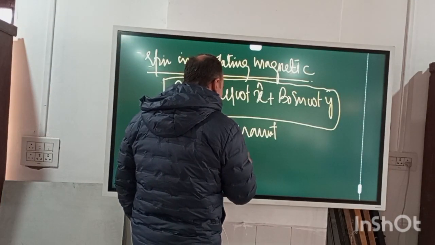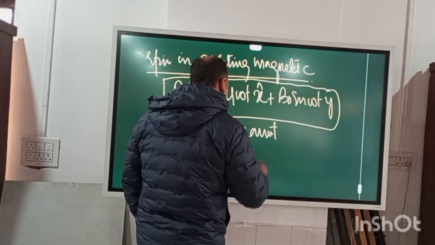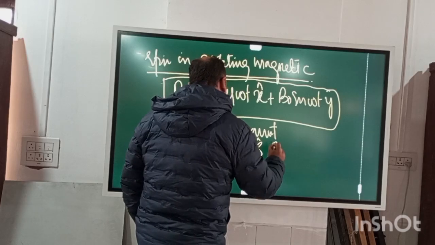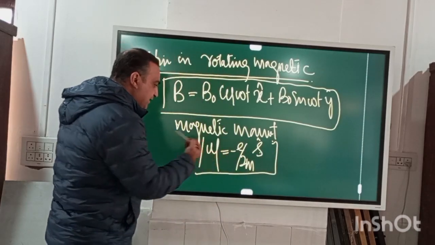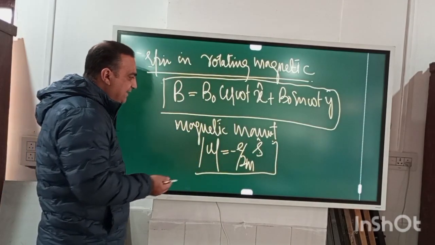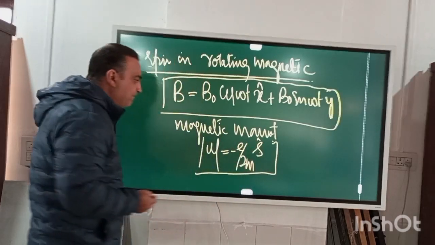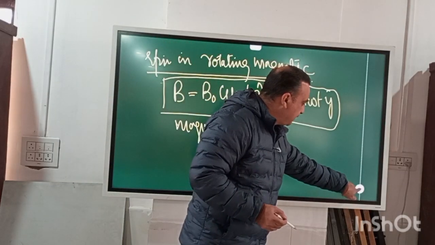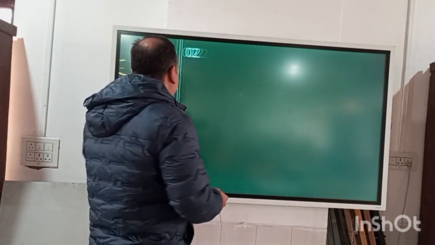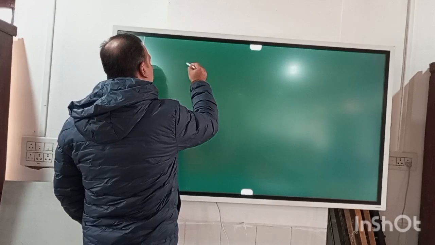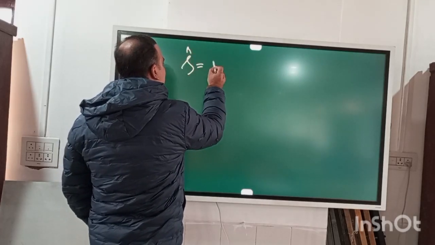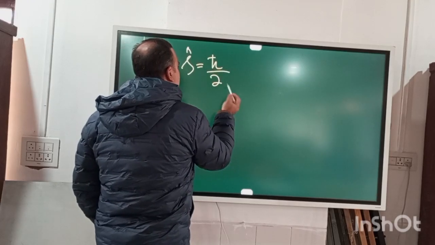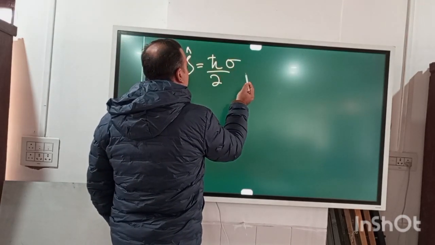That relation is minus e by 2m times S, where e is the charge of the electron, m is its mass, and S here is the spin operator. This spin operator S cap is nothing but h bar by 2 sigma.